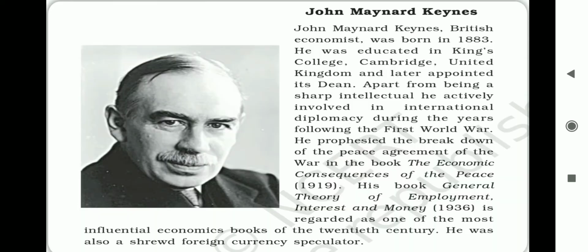Now, this caused a revolution in the world of economics. Macroeconomics as a subject, as a separate branch of economics, emerged after the British economist John Maynard Keynes published his celebrated book, The General Theory of Employment, Interest, and Money in 1936.